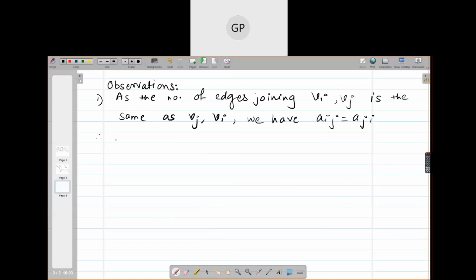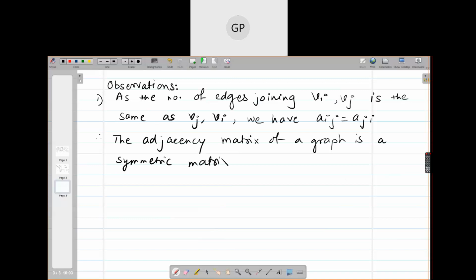Therefore, the adjacency matrix of a graph is a symmetric matrix. So it is always a symmetric matrix, and if it doesn't come out symmetric, then you have made a mistake somewhere.